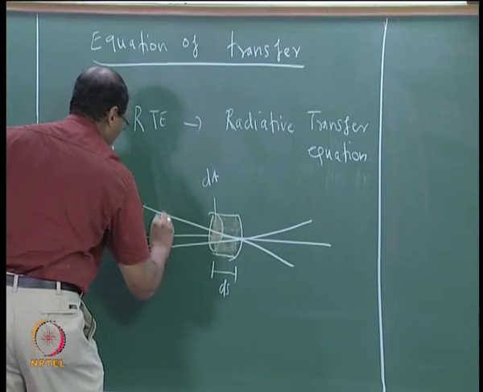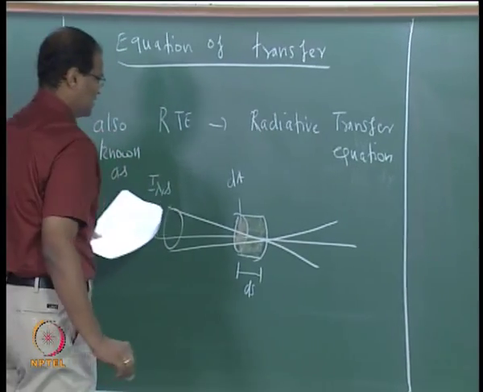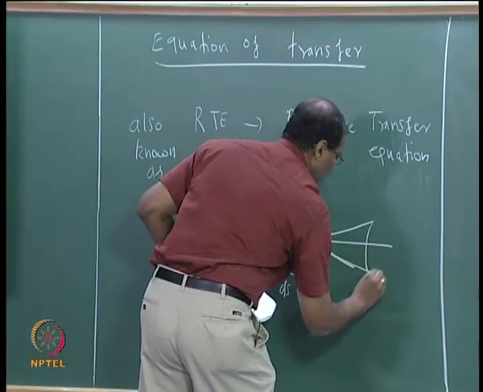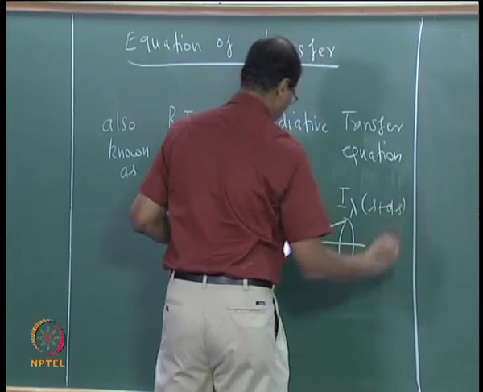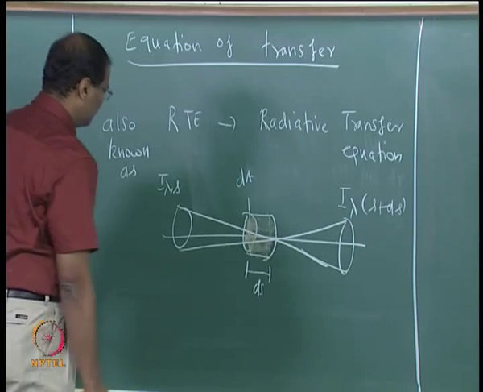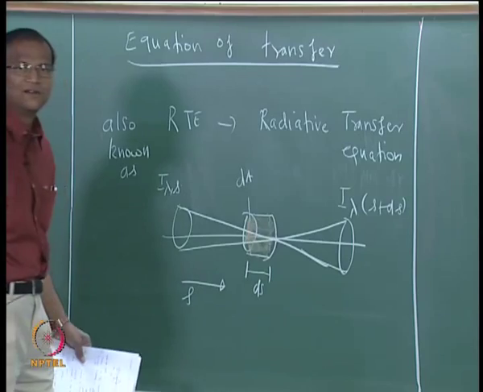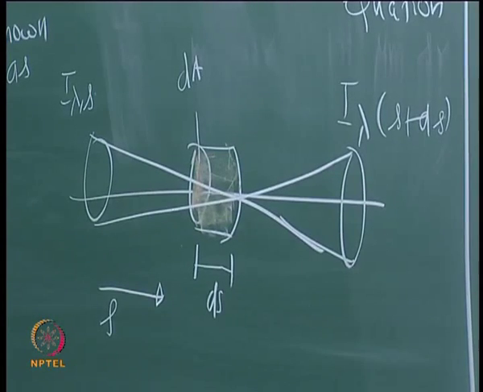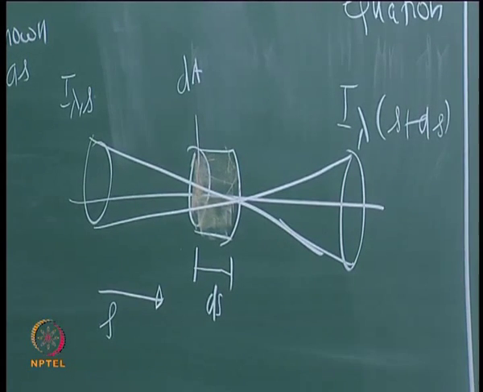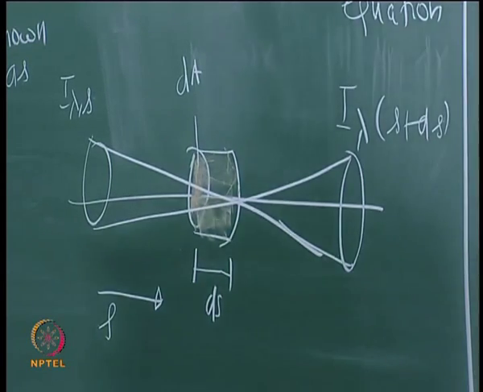Radiation is I lambda at S, I lambda at S plus ds. Radiation is traveling in this direction, generally the direction is S. Okay, in a Cartesian coordinate system we can just later on replace the S by X and so on. In order to make it less restrictive, we can use the notation S.